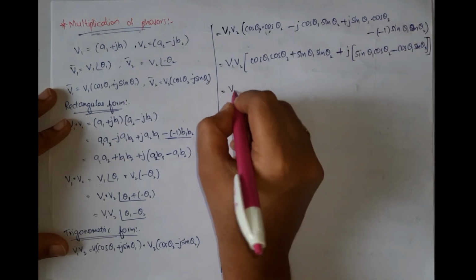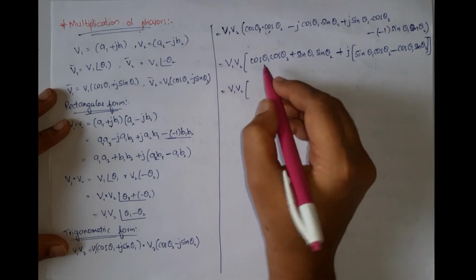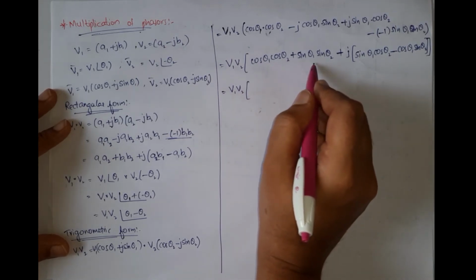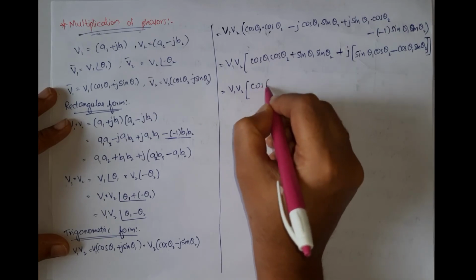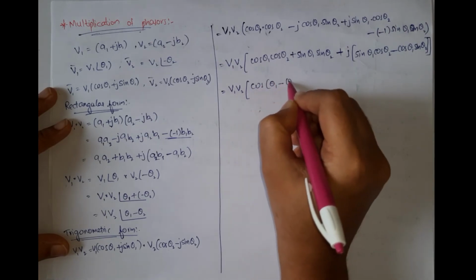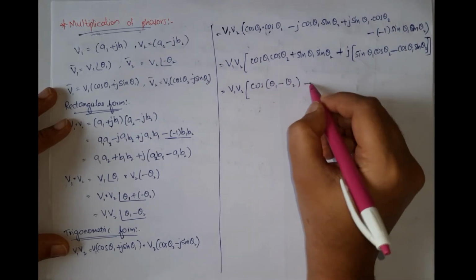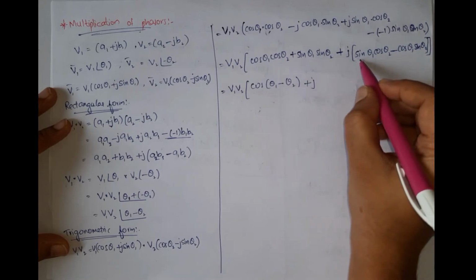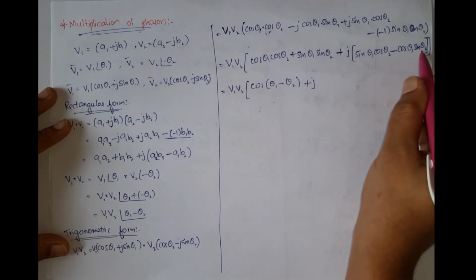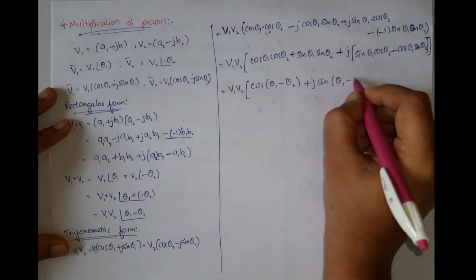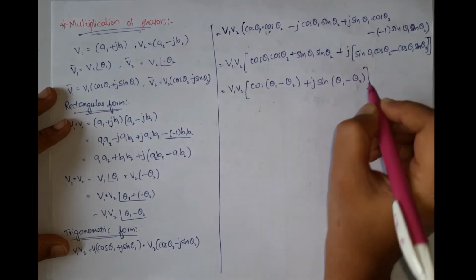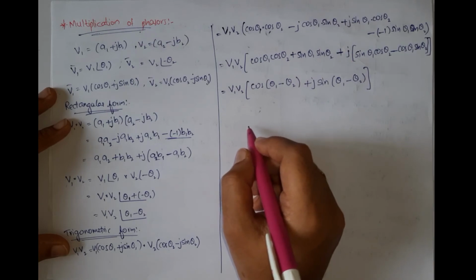So from here I can write V1 V2 cos A cos B plus sin A sin B is nothing but cos theta 1 minus theta 2, and plus J sin A cos B minus cos A sin B is what? Sin A minus B, right? So this is the result I am getting.